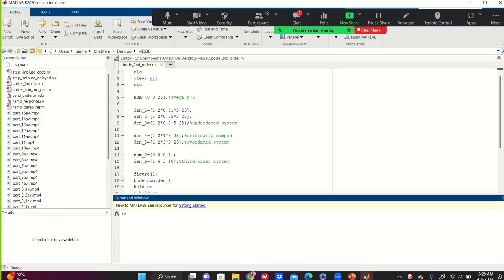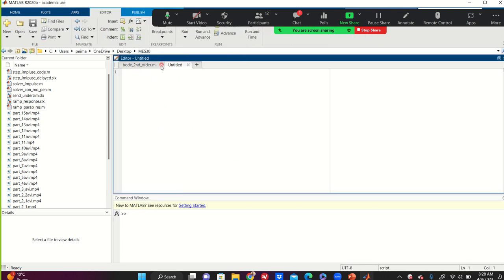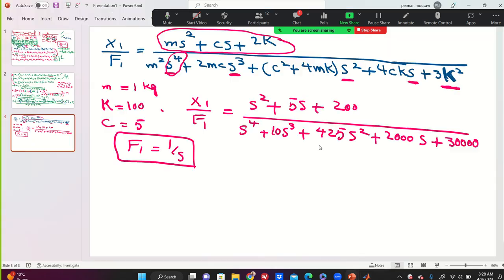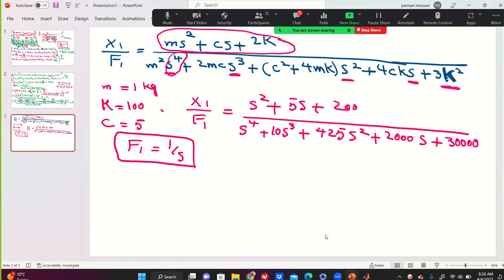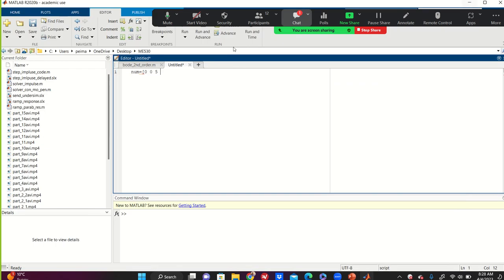Okay, so what I'm gonna do, I'm gonna define it because I'm gonna share with you. I'm gonna say num is fourth order system. So it's gonna be 0, 0, 1, 5, 200. This is S to the 4, S cube. Now 5 numbers. 1, 5, 200.